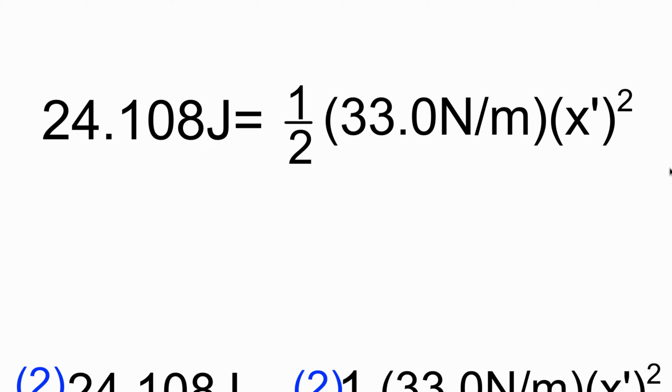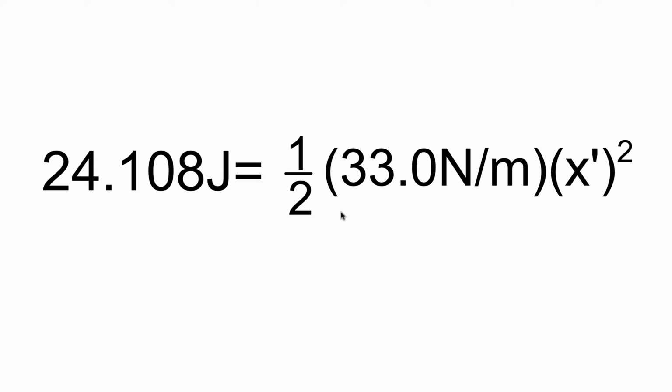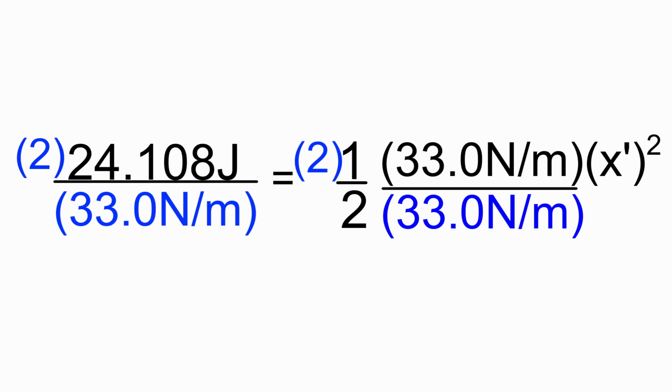Let's put in our numbers. So 1/2 kx squared, the k is 33.0 newtons per meter, and we want to isolate and solve for x prime squared. So I'm going to divide both sides by 33.0 newtons per meter, which means these will go away. And I will also multiply both sides by 2.